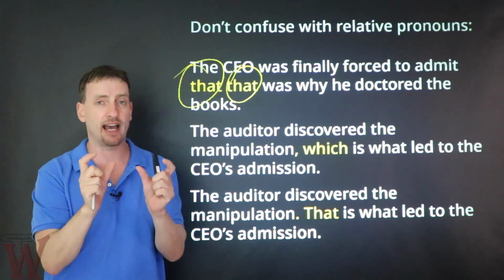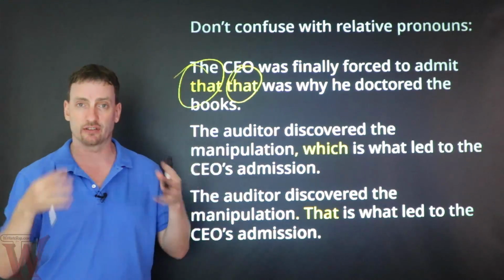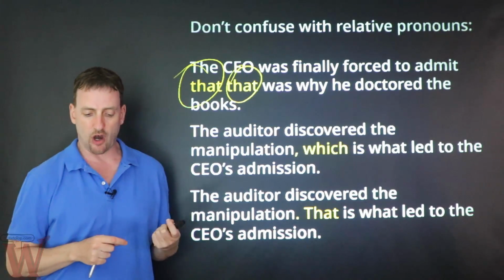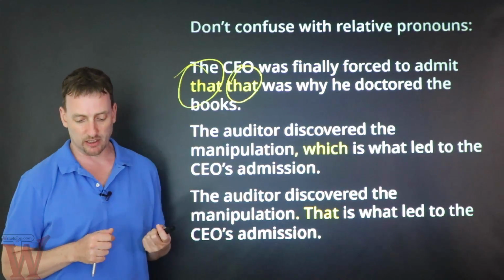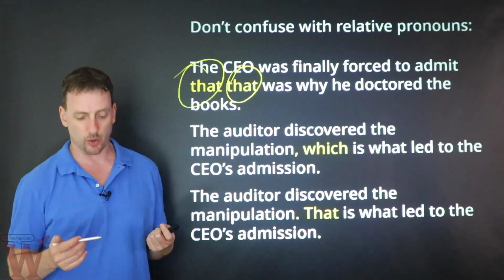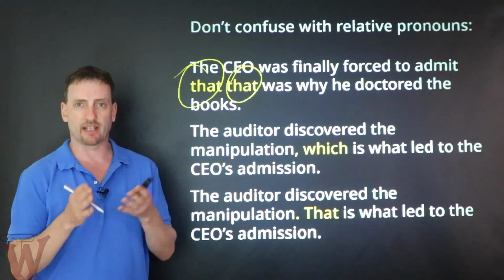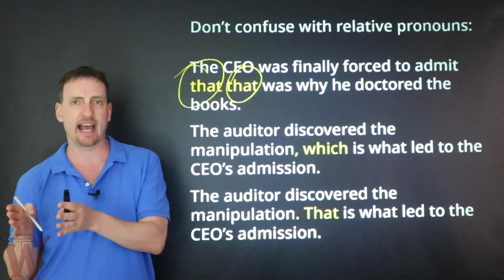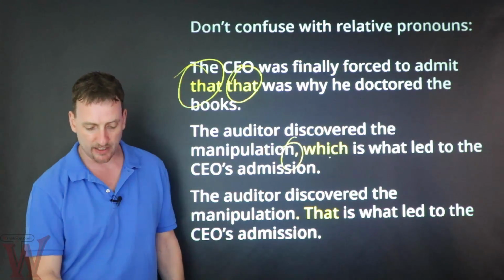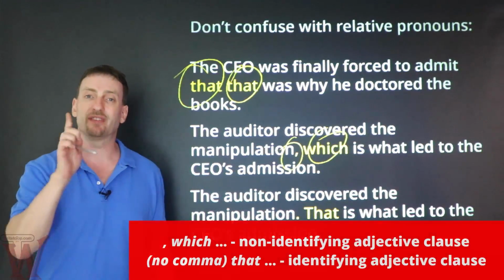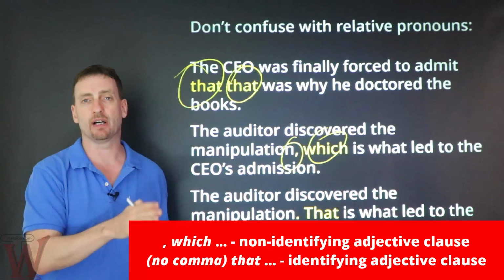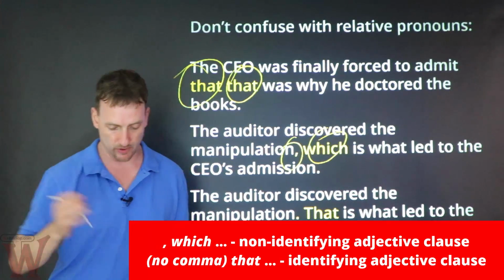You can use that. They have different meanings, different functions. Don't get confused. The auditor discovered the manipulation, which is what led to the CEO's admission. Make sure that if you're beginning an adjective clause, you have the comma and you have "which." Don't use "that" after a comma to start an adjective clause, okay?